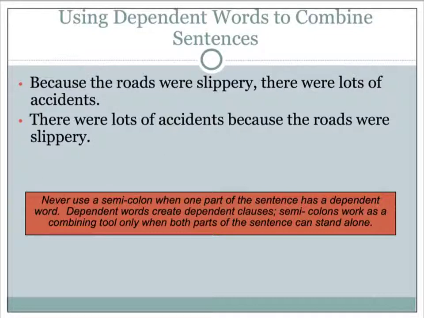If you have one of these dependent words, because, since, although, or even though, you should never use a semicolon to combine sentences. The reason for this is when you use a dependent word, you create a dependent clause, and you can use semicolons only when you combine two independent clauses. So notice here we're not using the semicolon, we're using a comma when the dependent clause goes in first place.